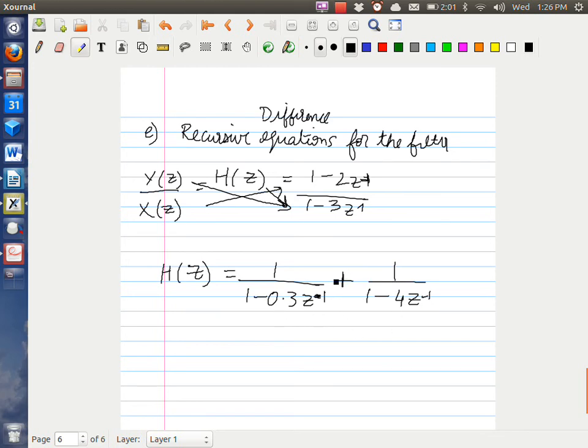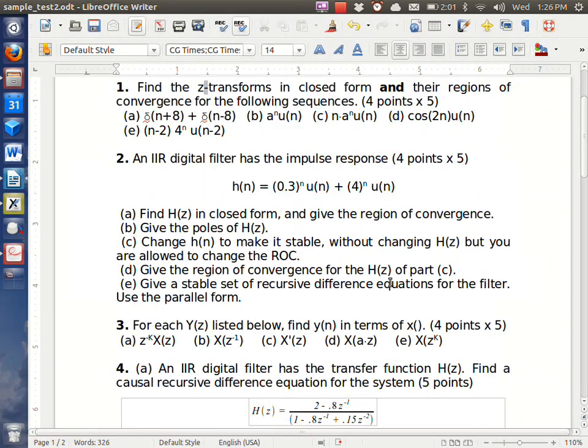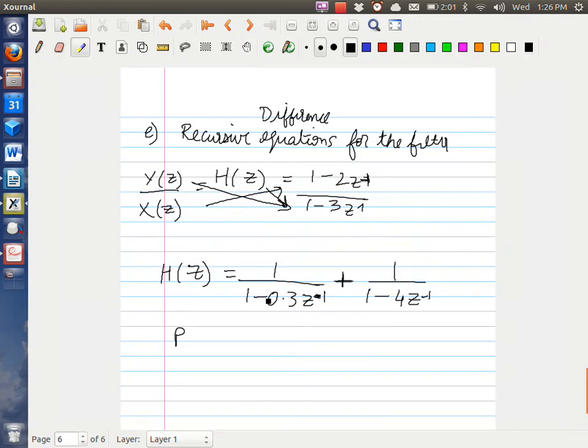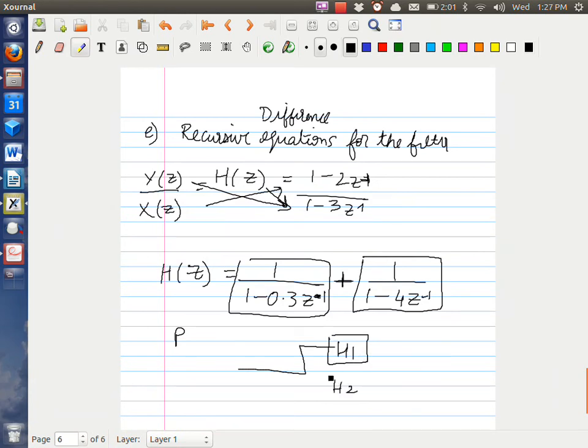And again, the question mentions that you're looking for the parallel form, so it means that you have to treat these as two systems connected in parallel, something like this. So the input coming in is x, the output coming out is y.